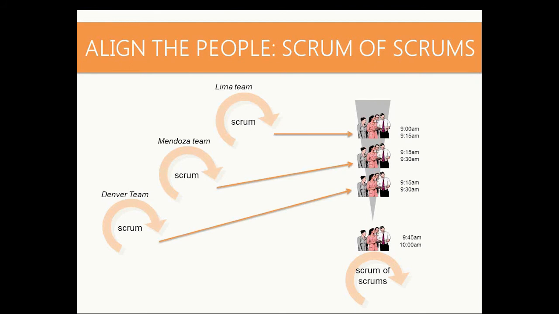Also, the structure is different. In the Scrum of Scrums, we still use the questions from a Scrum. What did you do yesterday? What's the plan for today? And what are the blocks for the team? That would drive that meeting. It would still stick to 15 minutes, whereas a Meta Scrum can be larger.